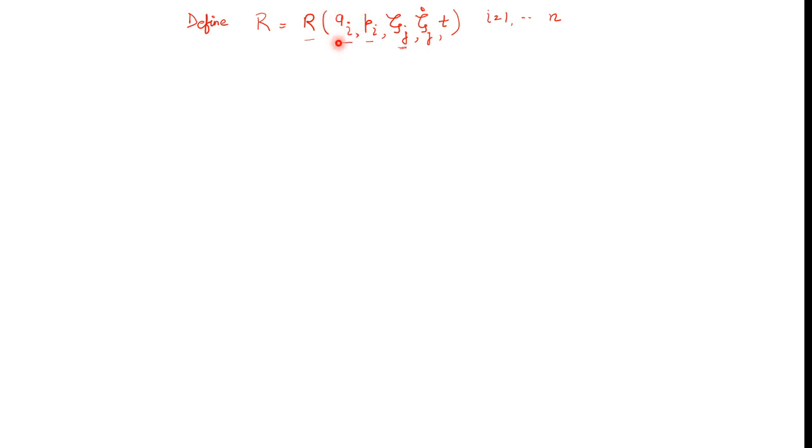Just to show the relation of the derivative of R with respect to qi with momentum, I have written R as a function of qi. Otherwise, if qi is cyclic, it will not appear in R as well.